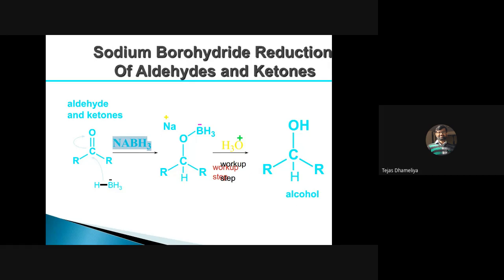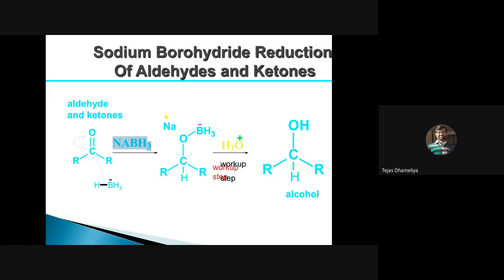We can use many other reagents: sodium borohydride, sodium cyanoborohydride, lithium aluminum hydride, borane BH3. There are a number of reducing reagents available. They can also be used.